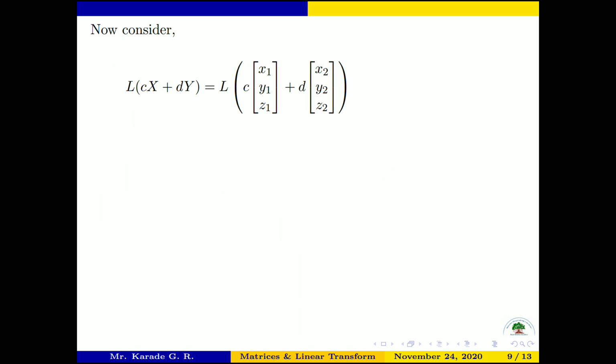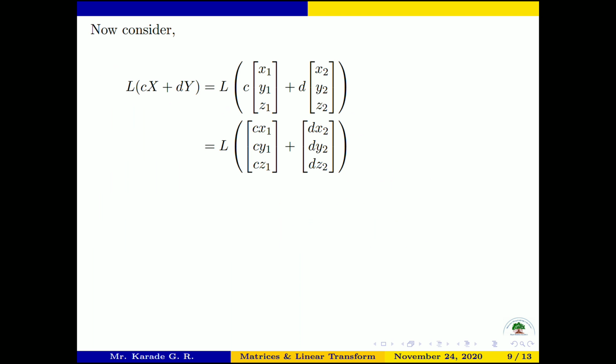So it is equal to L, inside the bracket, c into x vector (x1, y1, z1) plus d into y vector (x2, y2, z2). So we multiply these scalars to these column matrices.